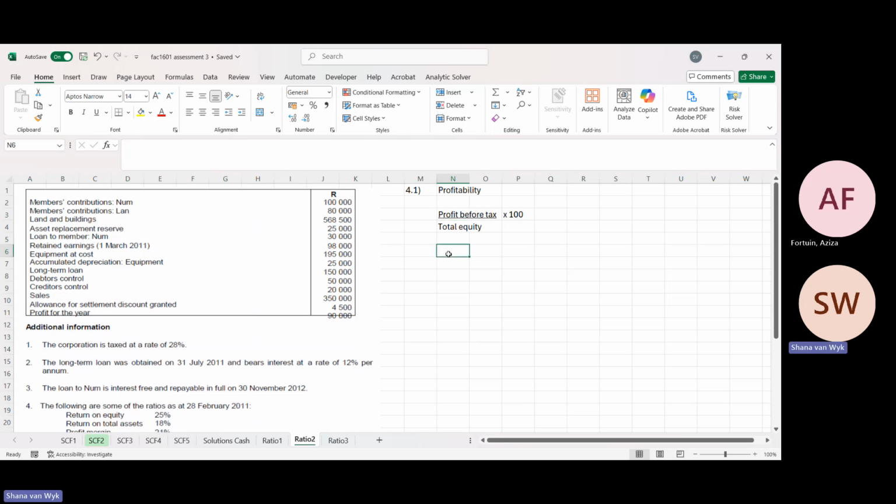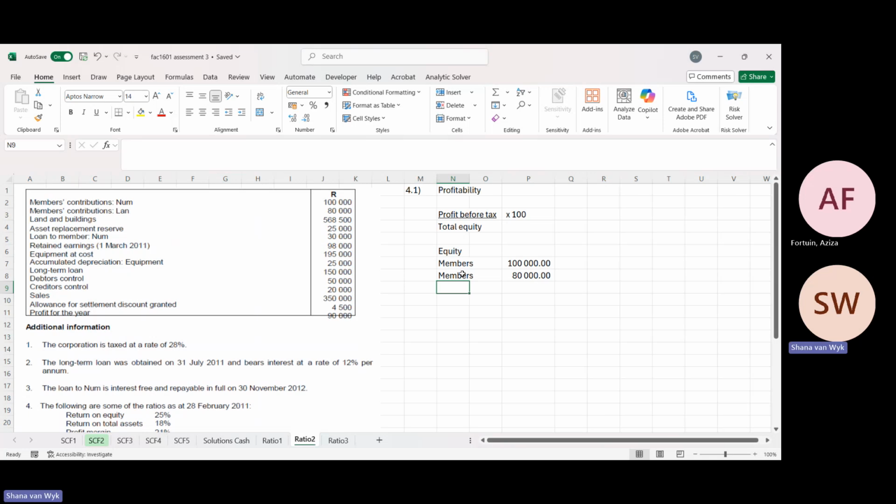So we would have profit for the year. Equity, this is an interesting one. Let's see. Members' contribution, 100,000. Members' land was 80,000. Land and buildings. Asset replacement reserve.